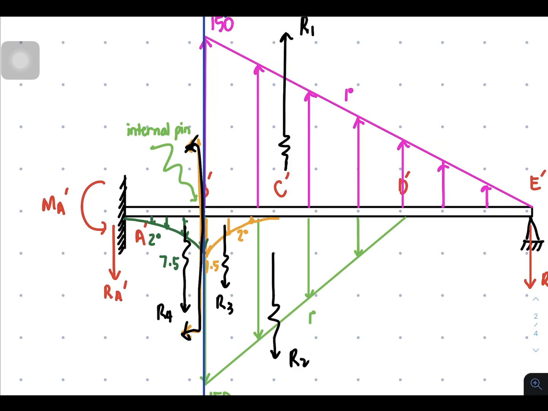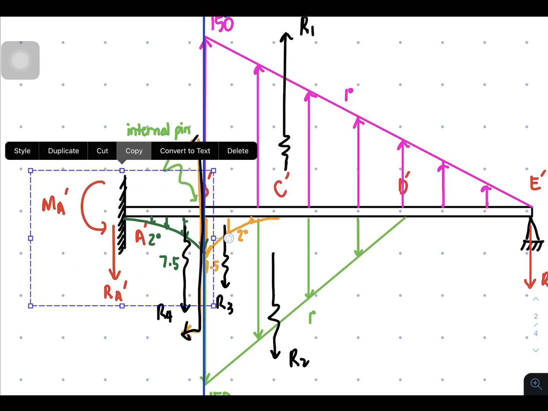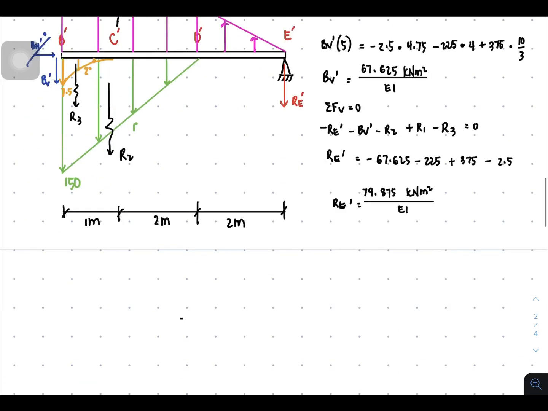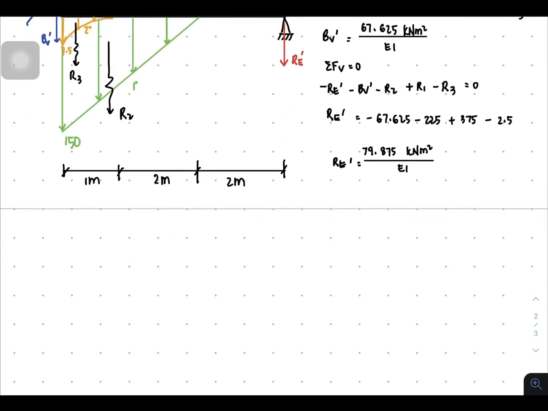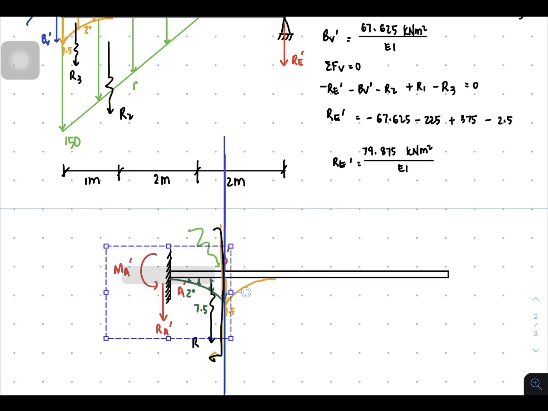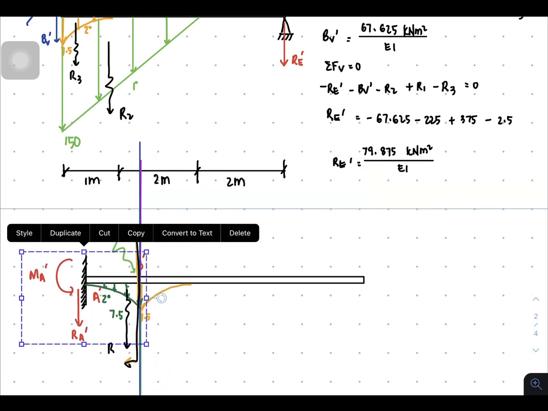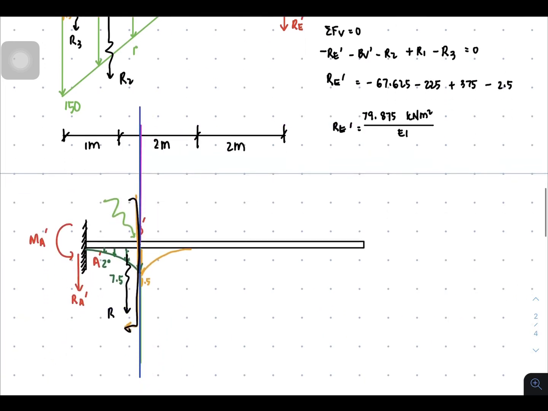So let's cut it, this portion, and copy. So ika-cut, I'll paste it here, and then I'll delete some mawalay gamit.